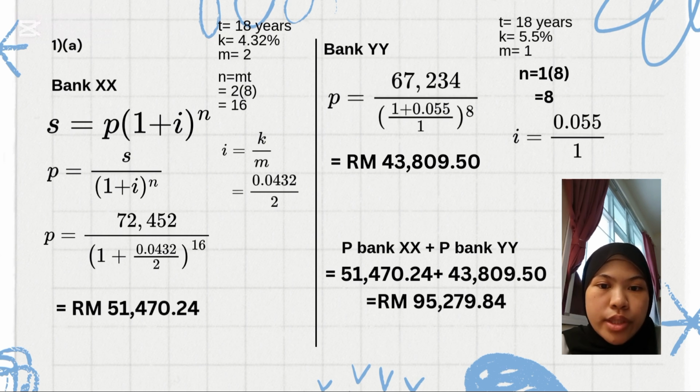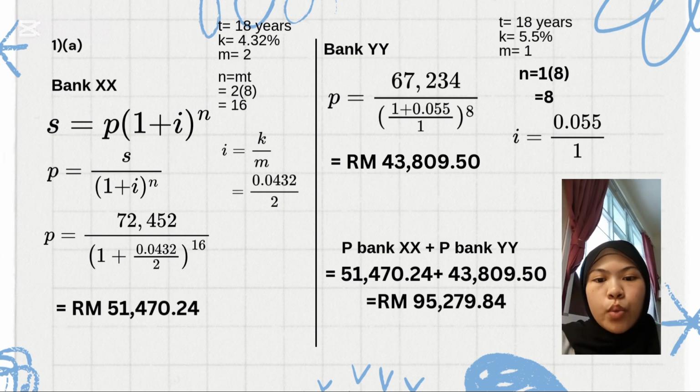I is 0.055 over 1, N is 1 in bracket 8, and the answer is 8. P equals 67,134 over open bracket 1 plus 0.055 over 1 close bracket 8. So the answer is 43,809 ringgit 50 cents.